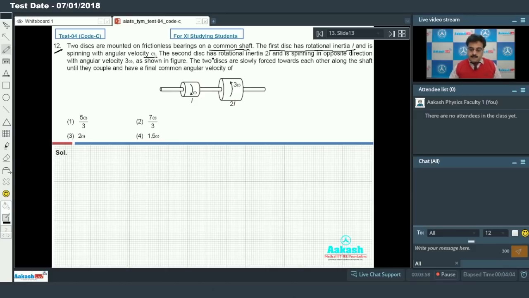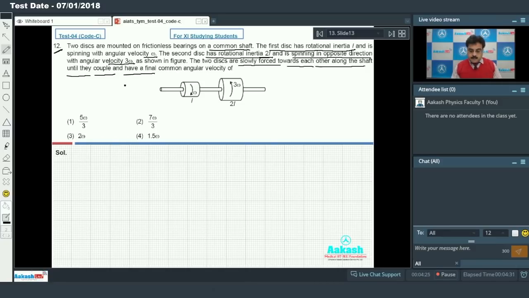The second disc has rotational inertia 2I and is spinning in the opposite direction. You have to be very careful, in the opposite direction, with angular velocity 3 omega as shown in the figure. The two discs are slowly forced towards each other along the shaft until they couple and have a final common angular velocity of this.